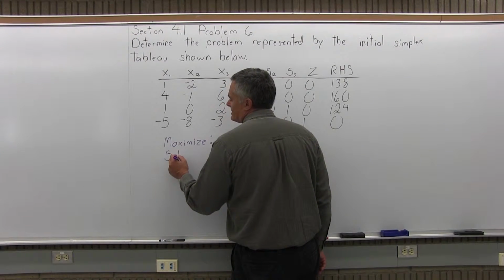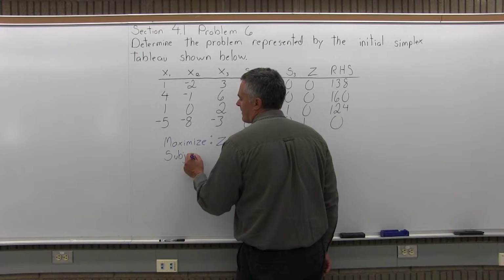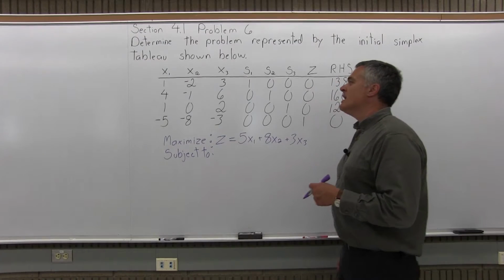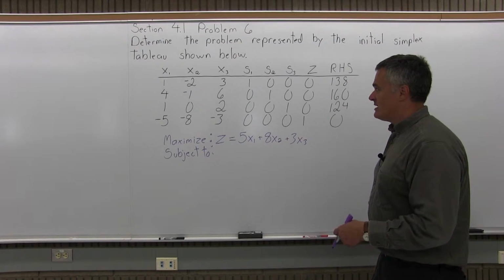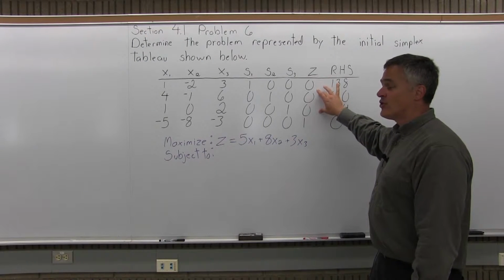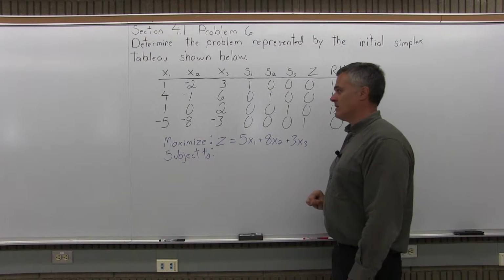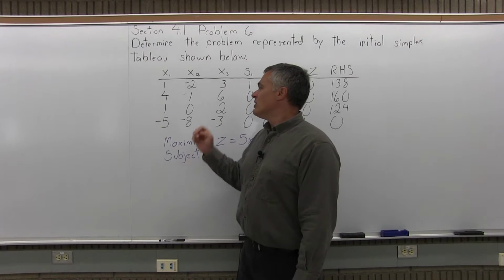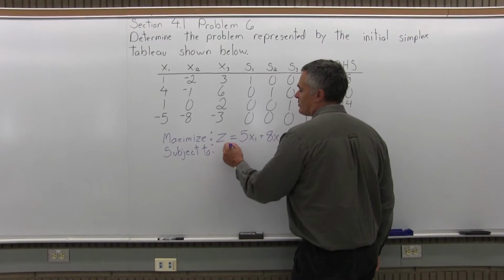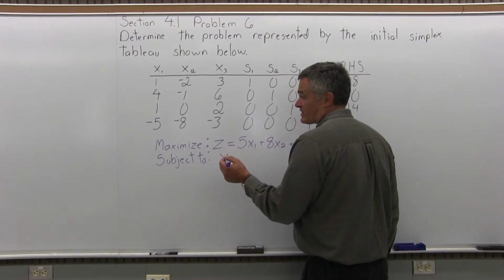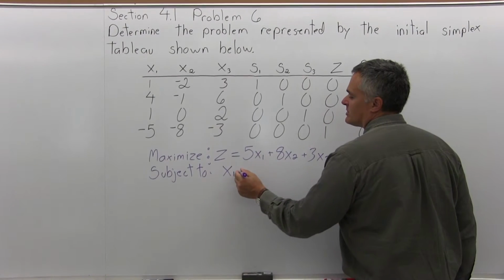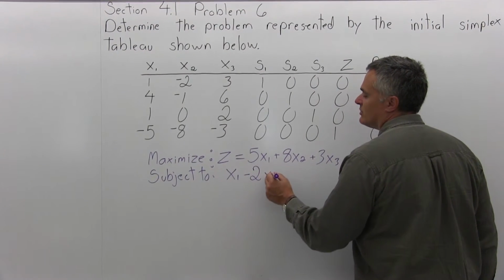Then the next line is subject to, and then I'm going to need to list my constraints. So I'm going to have 3 constraints. The constraints are going to come from the first, second, and third row of my initial simplex tableau. So the top row has a 1 in the x1 column, so I would have a 1x1 as part of my first constraint, or just x1. You don't really have to write the 1 in front. I have a -2 in the x2 column, so it'd come from -2x2.